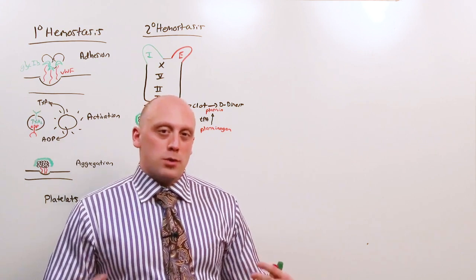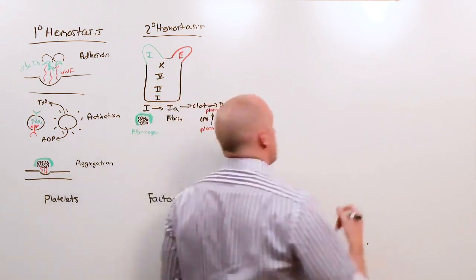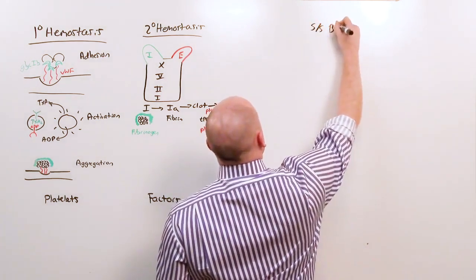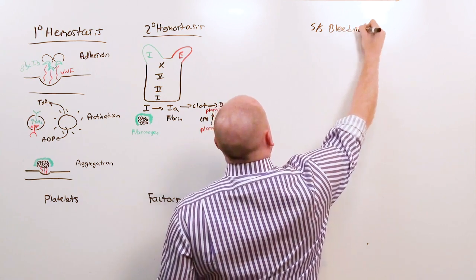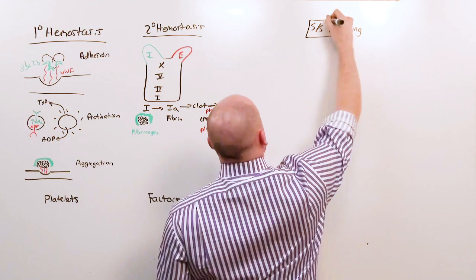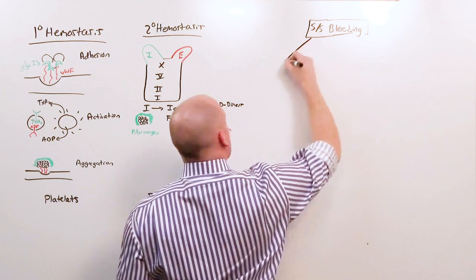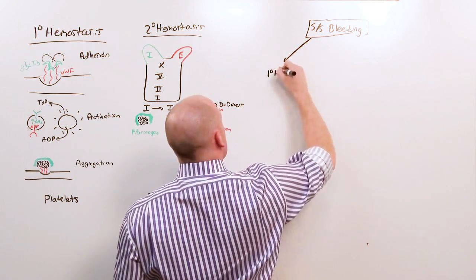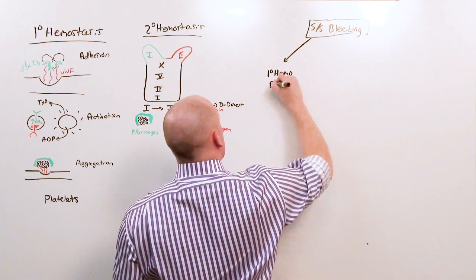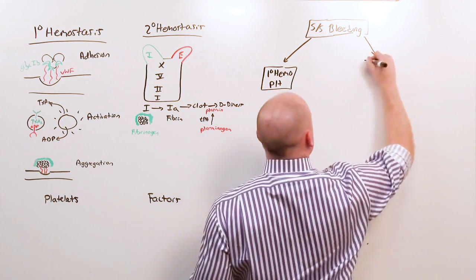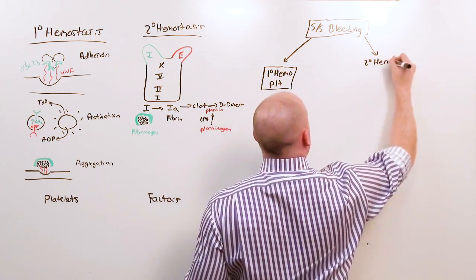But you also want to be able to clinically reason a little bit more than that, and so I break it down like this. If someone comes in with the signs and symptoms of bleeding, especially if it's not massive hemorrhage that you're not just going to fix right away, you want to categorize this as primary hemostasis, that is platelet bleeding, or secondary hemostasis, factor bleeding.